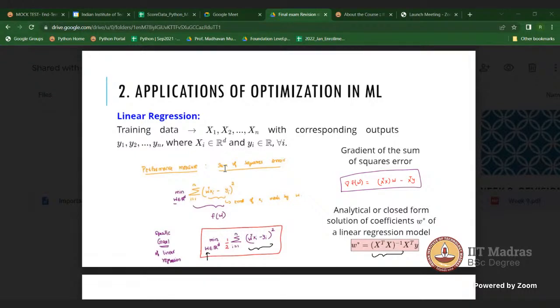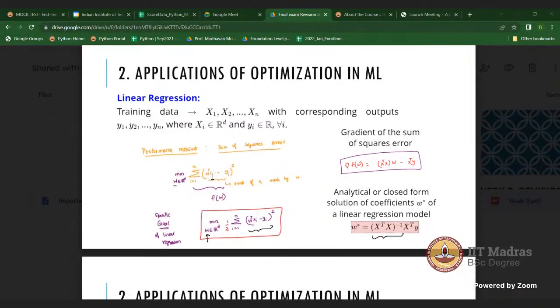So for finding it, w transpose xi is the output predicted by the linear equation which we have mentioned, that is y equals w1x1 plus w2x2 plus w3x3 and so on, up to wnxn. That is the linear equation which you assume, but the actual y value is something else.